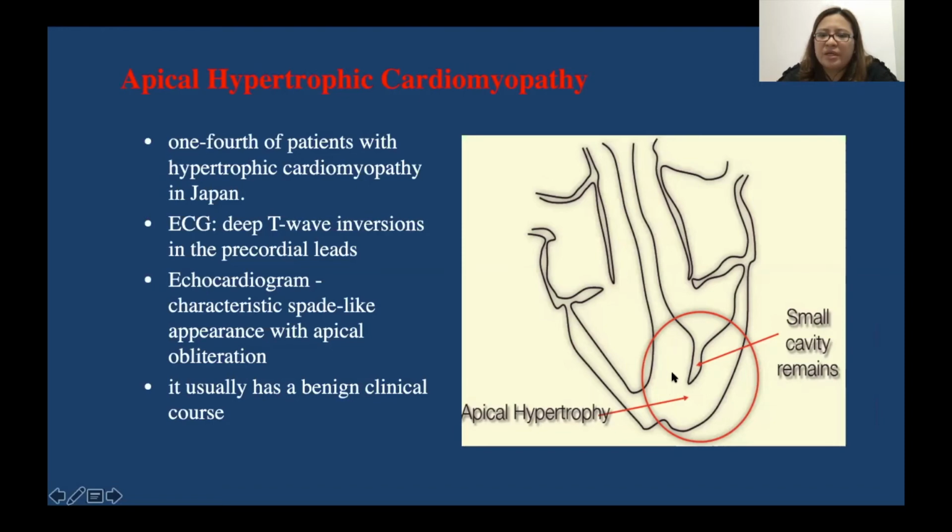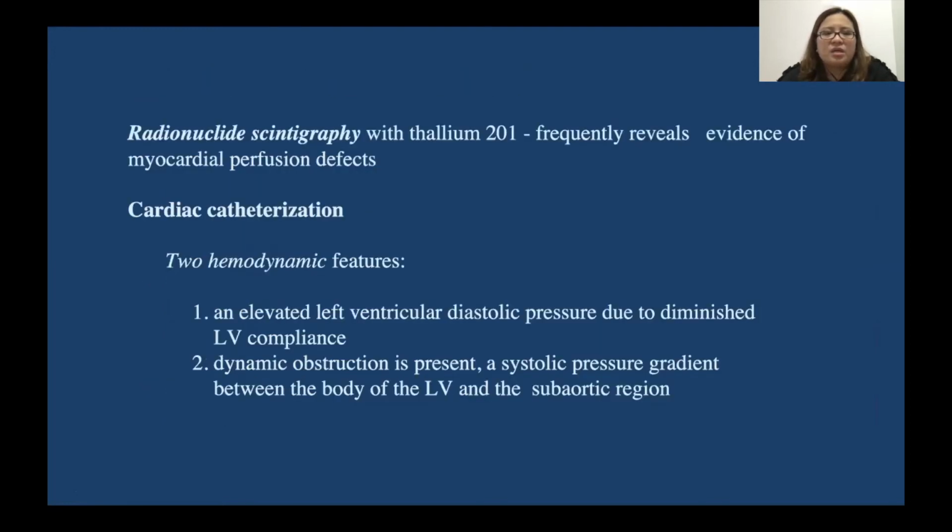There is a markedly hypertrophied apical septum. This is usually with a benign clinical course. A radionuclide scintigraphy with thallium frequently reveals evidence of myocardial perfusion defects. On cardiac cath, the two hemodynamic features are an elevated left ventricular diastolic pressure due to diminished LV compliance and a dynamic obstruction of the left ventricular outflow tract.